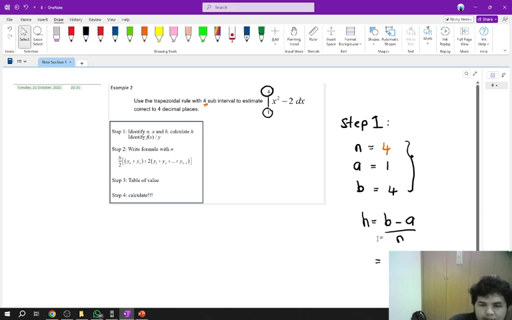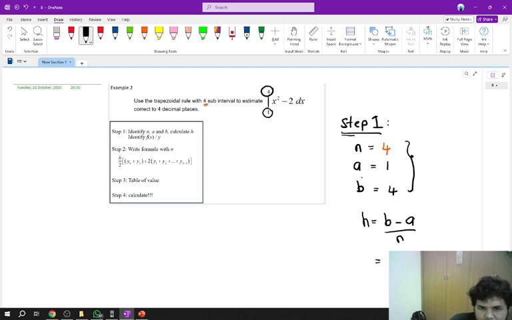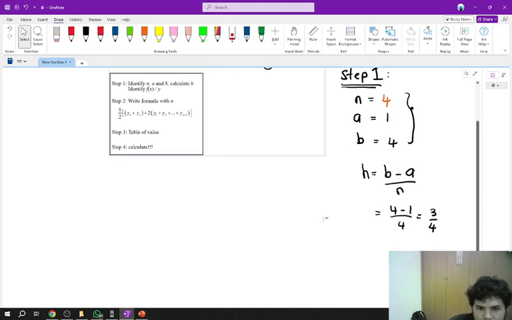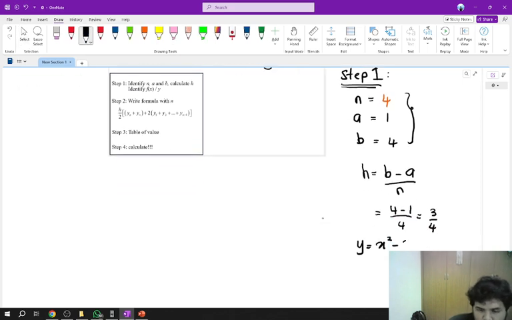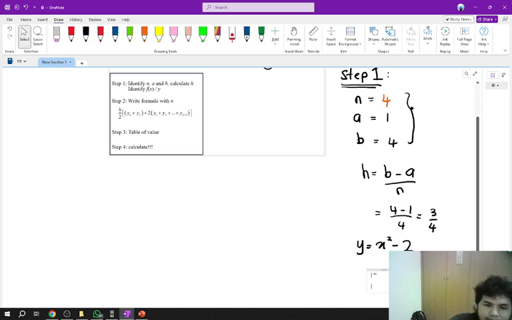Next we need to identify the function, which is what is being used in the integral. So here is our f(x) or y. So y is equal to x squared minus 2. Okay, we have done step number 1.